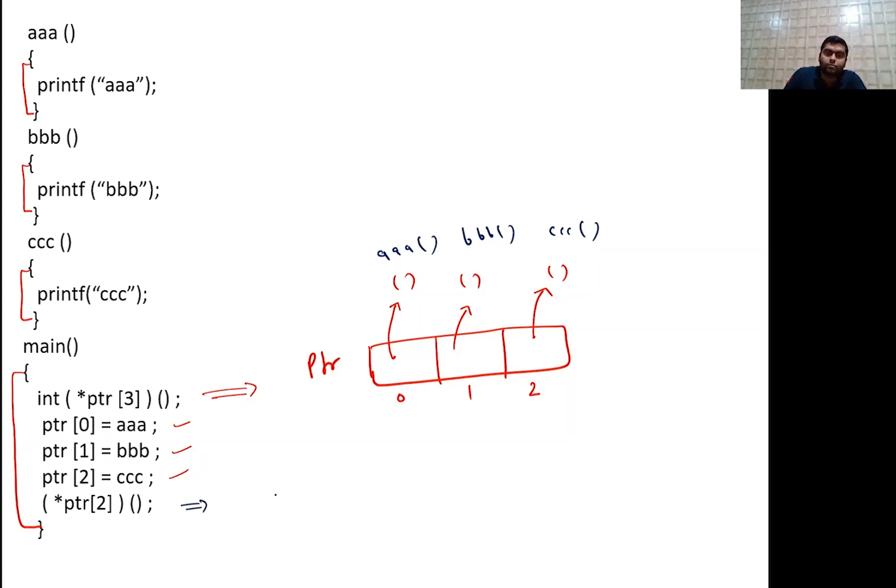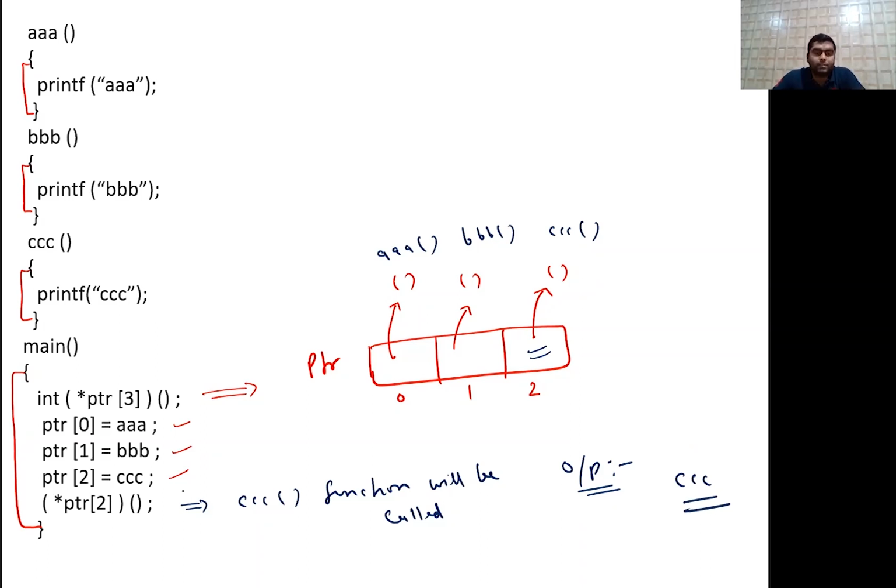So in this case the triple C function will be called, and triple C will be printed as output. Okay, I hope that this is clear to you.